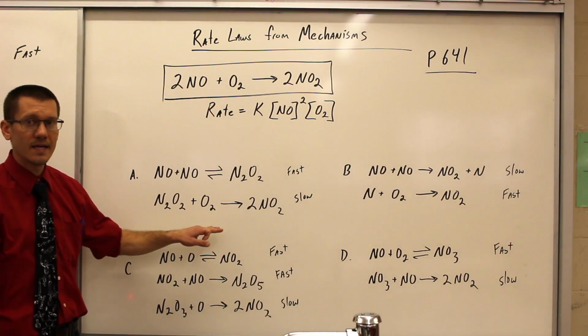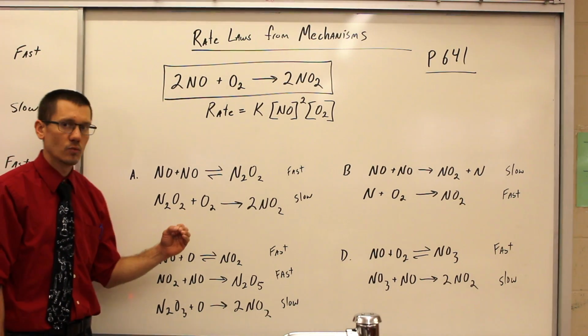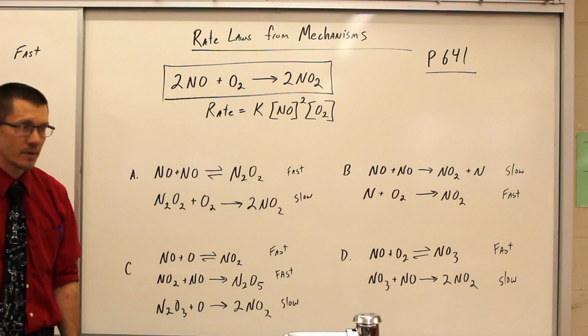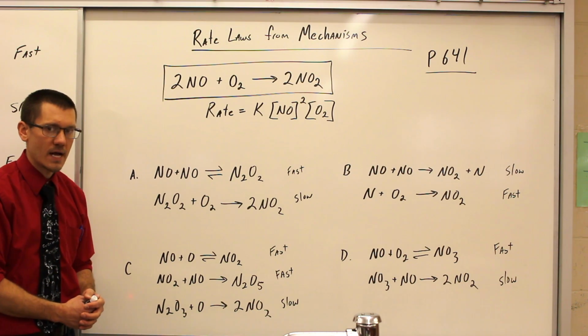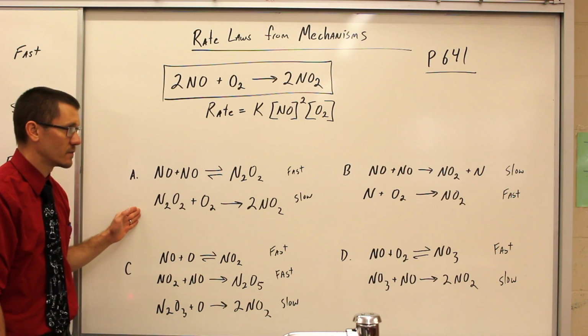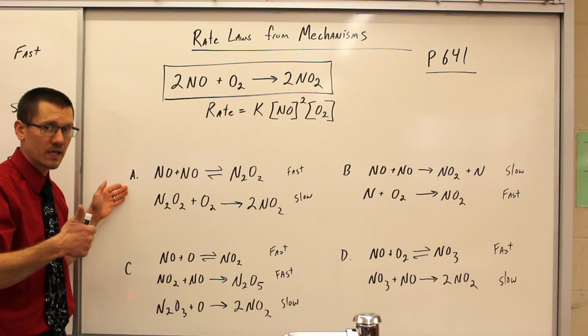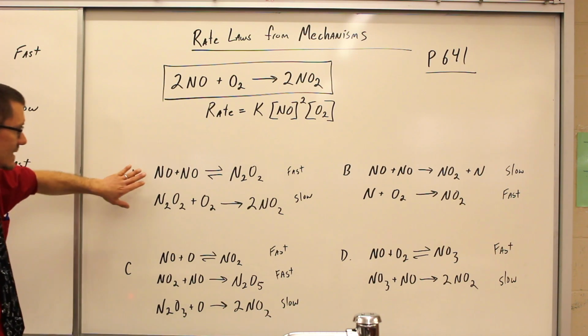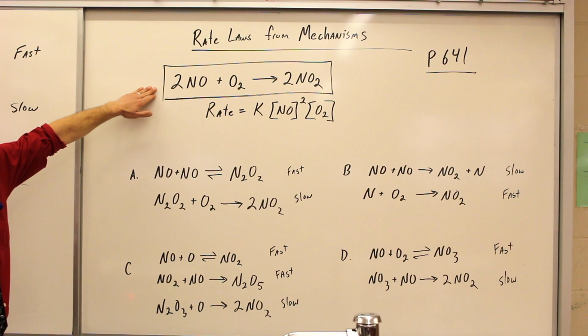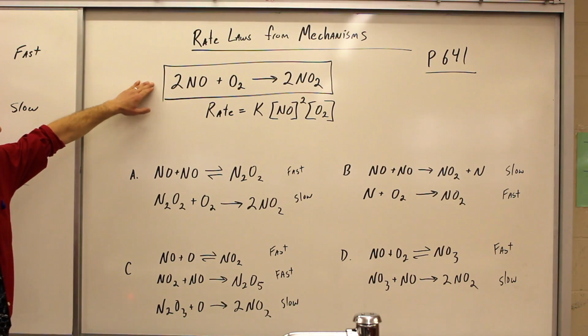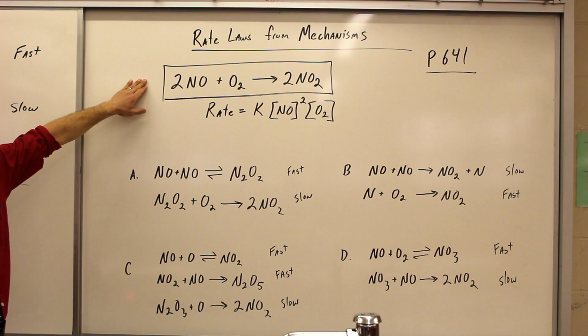If we can take the reactants in our rate determining step and they match the rate law, and the overall reaction is the same as the proposed mechanism, then that mechanism will work. So in A, this is our proposed mechanism for this reaction. It's the same one I used for the previous video using initial rate.